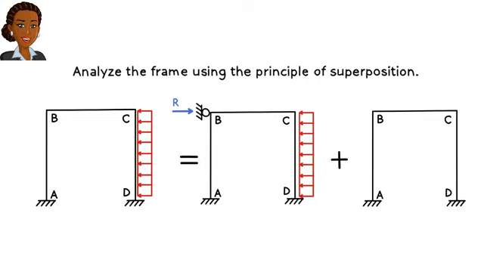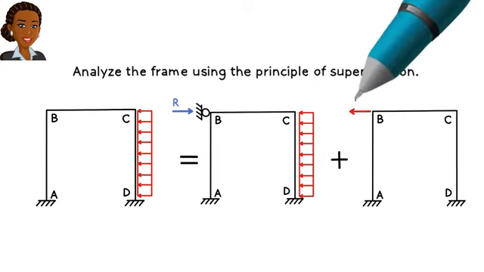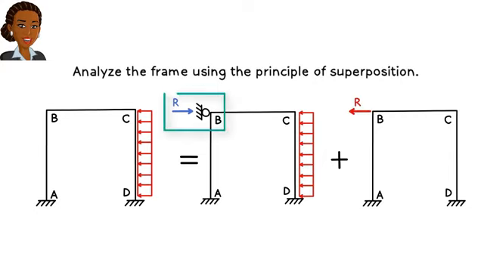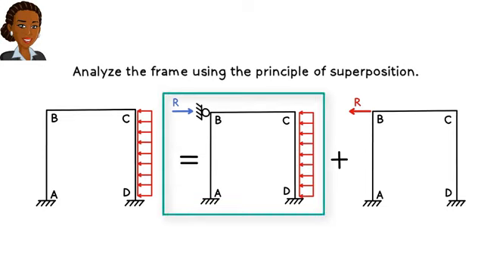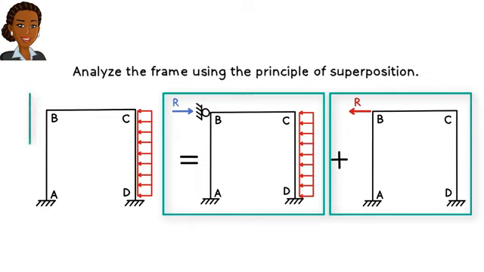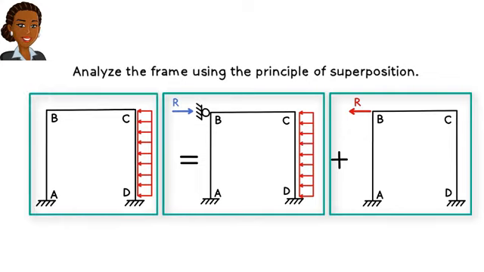To satisfy this loading condition, we take the reaction force at B, change its direction, and place it at the top of this frame. Note how the algebraic sum of these forces satisfies the loading condition in the original frame. According to the principle of superposition, we can conclude that each member force or support reaction in this frame added to the corresponding force in this frame gives us the related force in the original frame.